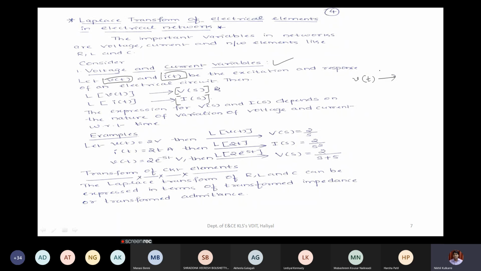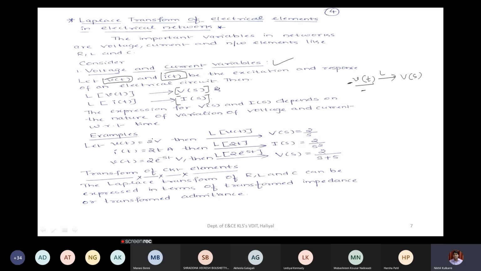Wherever you get simply V of t, you may consider its Laplace transform as V of s. But if we have some other terms before or below it, that may change the representation. How, we will see here.